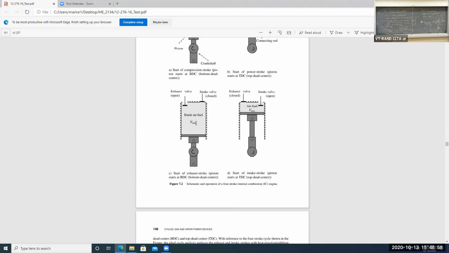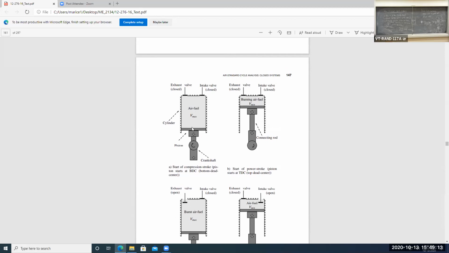Then the exhaust valve closes, an intake valve opens up, the piston moves downward, pulling in fresh unburnt air-fuel mixture, and we end up back at state 1, ready to repeat the cycle, okay?